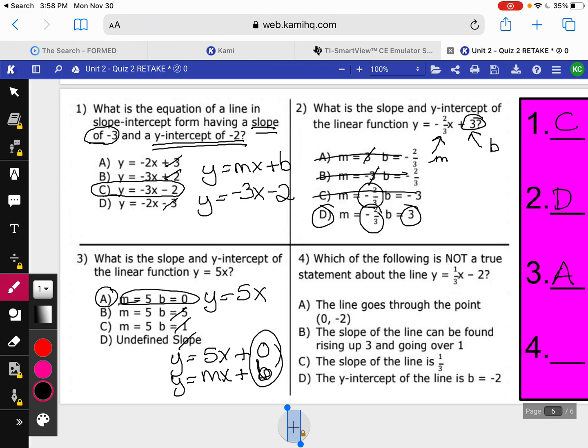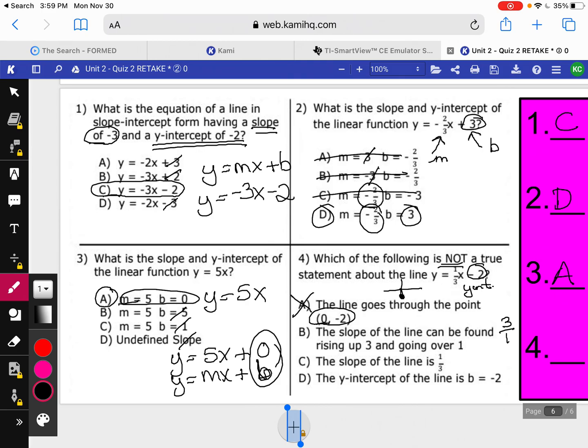Which of the following is not true about the statement y equals 1/3 x minus 2? Well, -2 is the y-intercept. Does the line go through 0, -2? So on a graph, I would say 0, -2, that is the y-intercept. So that is true. Remember, we want to find what's not true. The slope can be found by rising 3 and going over 1.